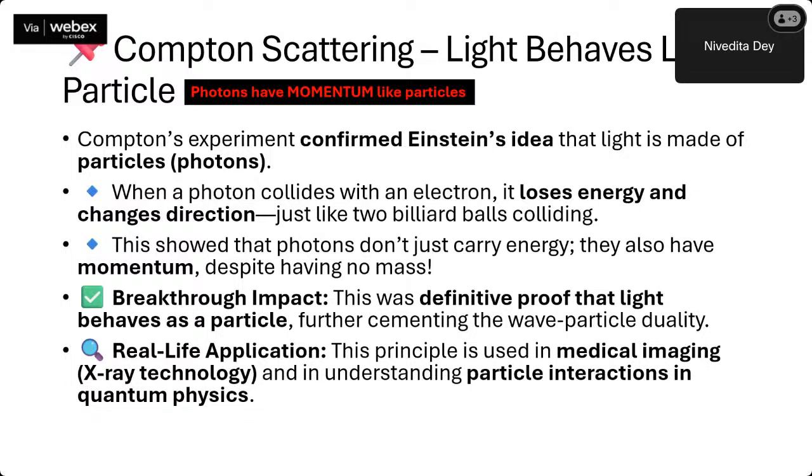And the impact was that this was proof that light behaves as a particle, further cementing the particle picture. So all these three things that we have studied, the black body radiation theory, then Planck's, then Einstein's theory, then the Compton scattering theory, all confirm that light has a particle picture.